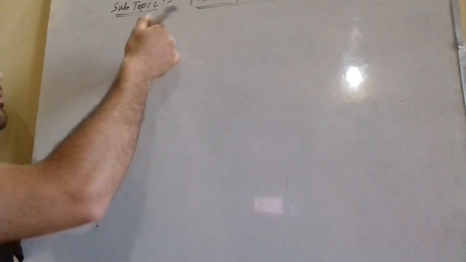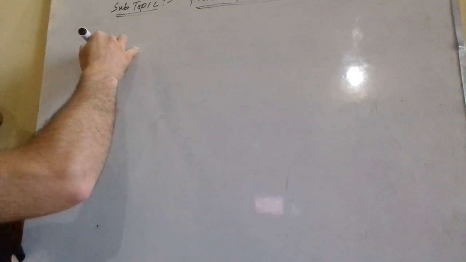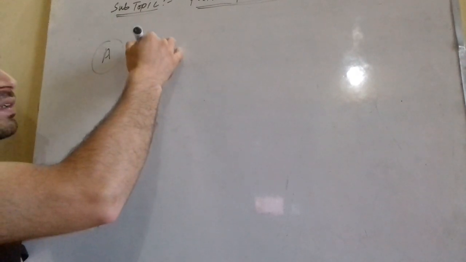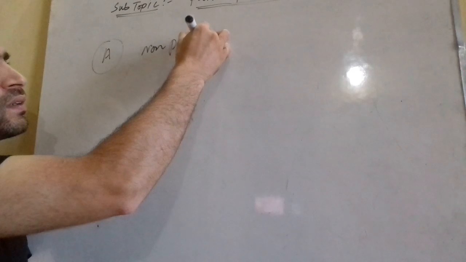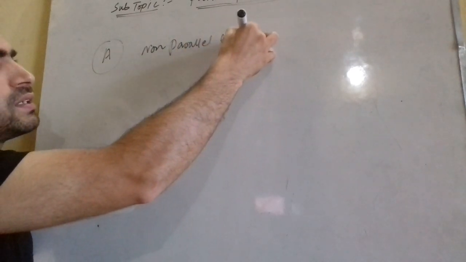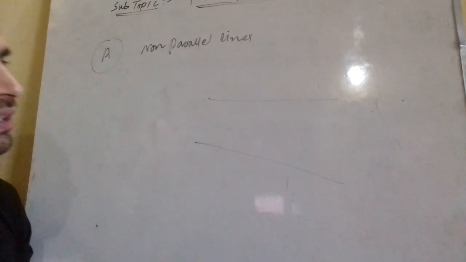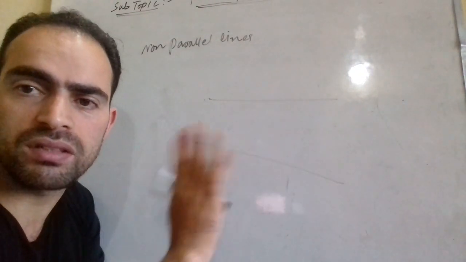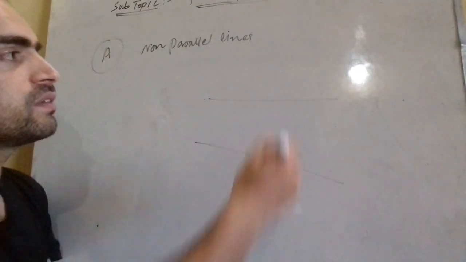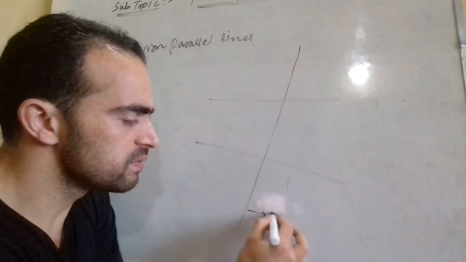First case is when we have non-parallel lines. In this case, suppose we have two lines like this, these are non-parallel, means these are two lines which are not parallel to each other. Now in this case, if you draw one more line like this, this line we call transversal.